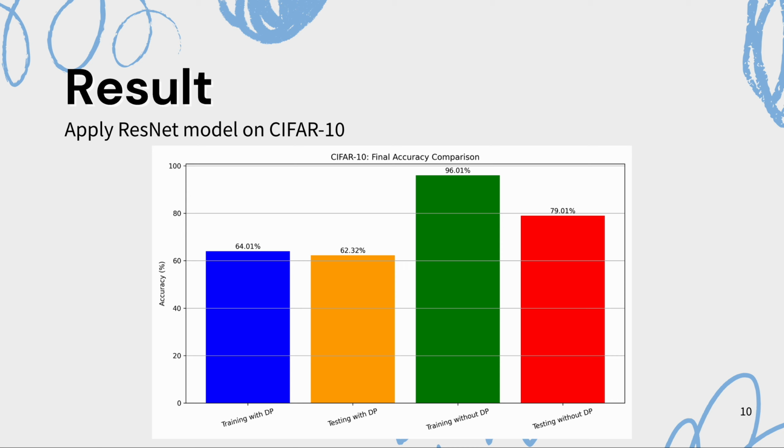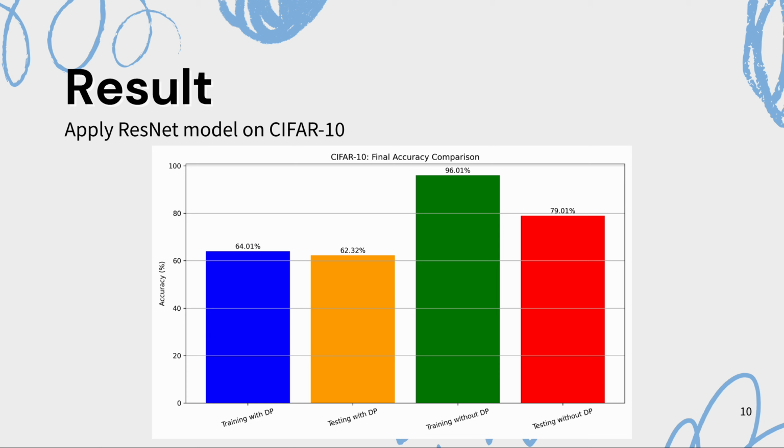Now let's move on to the CIFAR-10 results using ResNet-20. In these charts, the y-axis represents accuracy and the x-axis shows four evaluation settings: training with differential privacy, testing with differential privacy, training without differential privacy, and testing without differential privacy. When we apply differential privacy during training, the model achieves 64.01% accuracy on the training set and 62.23% on the testing set.